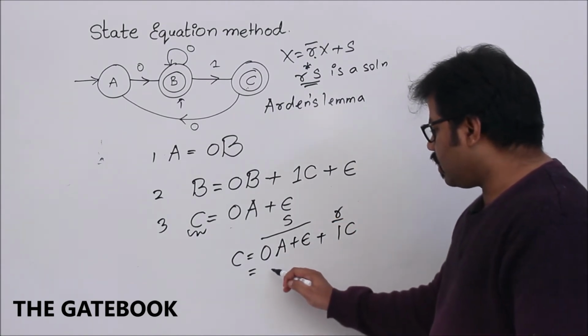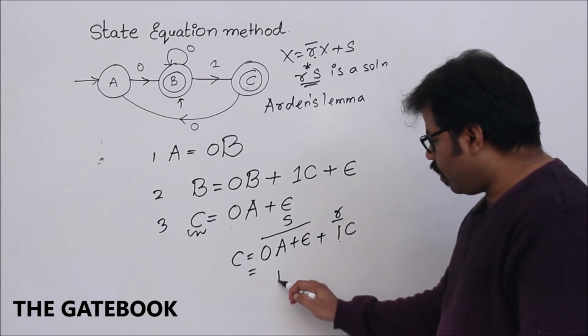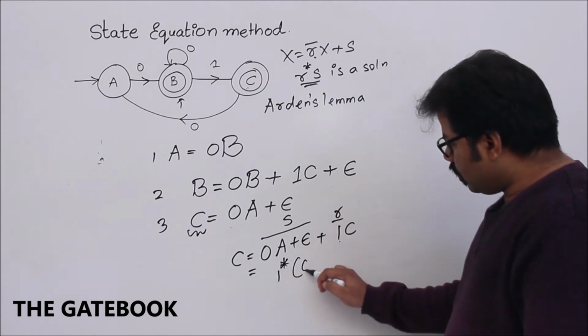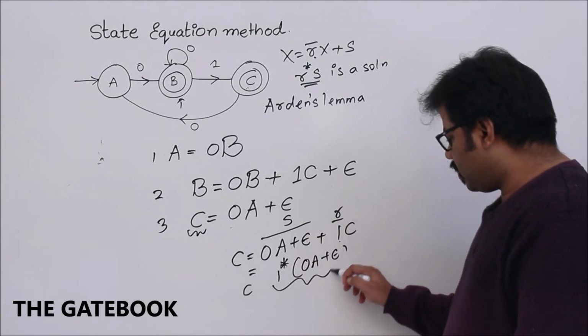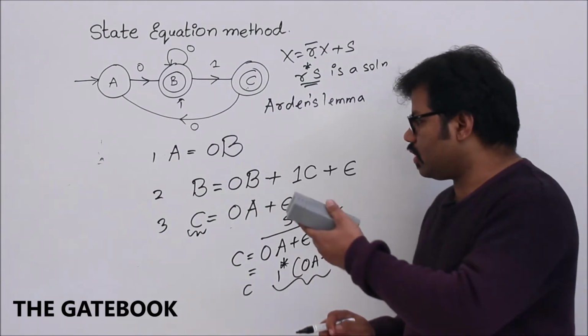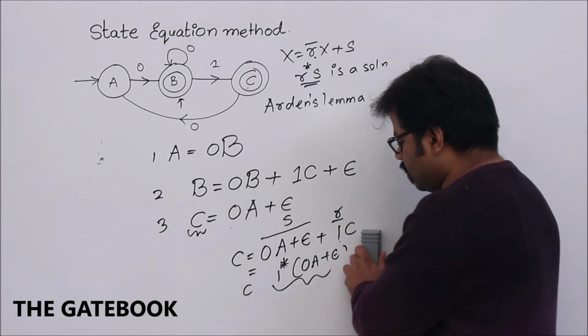So the solution is r star s. Here r doesn't contain epsilon, that's why this is the one and only one solution, that is r star s. Now in my RHS there is no variable c, that means we have eliminated variable c. In that way we successfully eliminate all the variables, and you will end up with regular expressions.